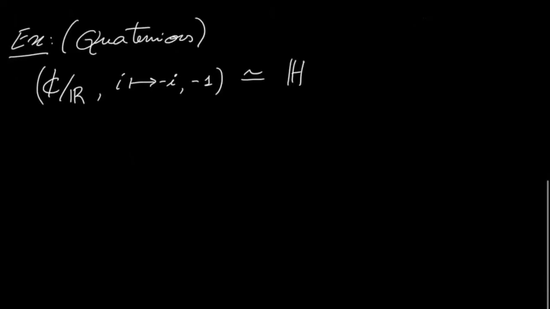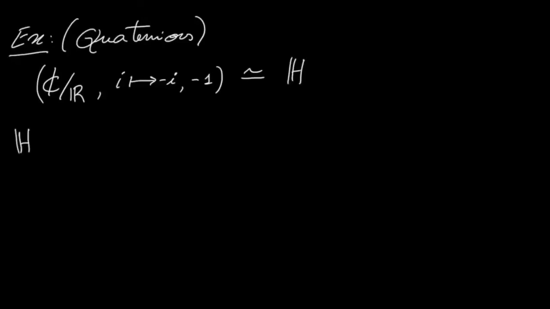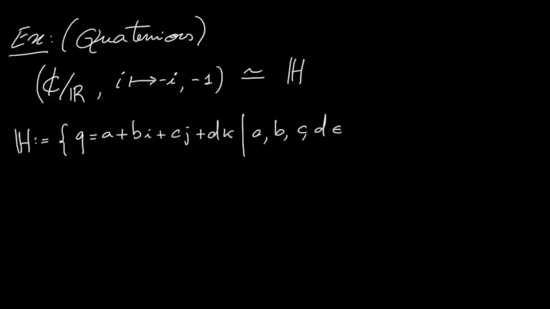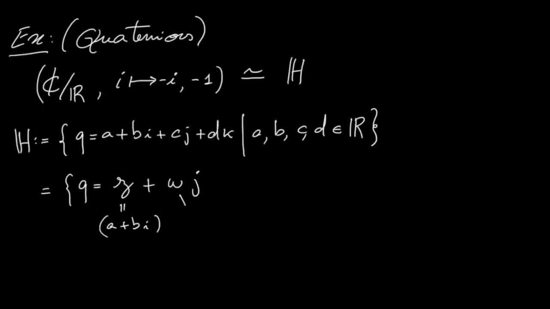One simple way to see this is as follows. I recall to you that a quaternion can be written as a plus bi plus cj plus dk, where a, b, c, and d are reals. You can rewrite your quaternion as two complex numbers: z plus wj, where z will be a plus bi, and w will be c plus di.